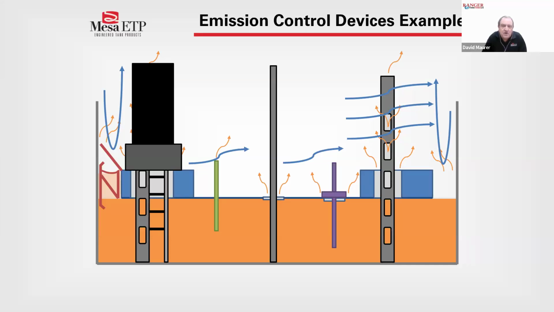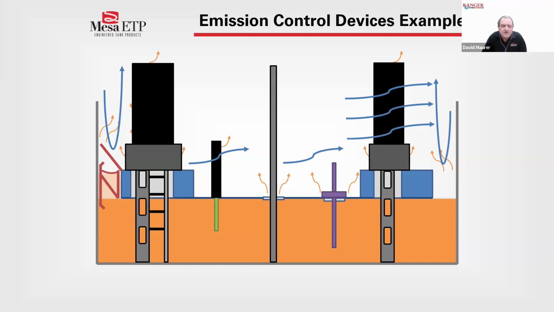Then we have leg boots. So we've got boots that can cover up the legs, because that's just another 4-inch hole in your tank. And those boots give you a credit as well for dealing with the emissions.